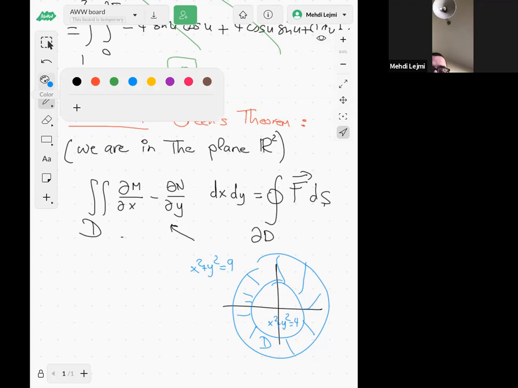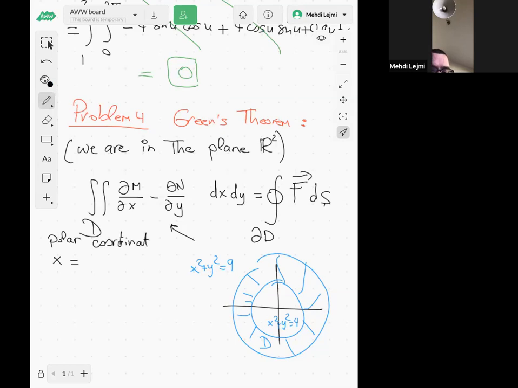So use polar coordinates, obviously, because we have circles. If you use polar coordinates, of course, x would be r cosine of theta, and y is r sine of theta. Because it's the whole annulus, theta is between 0 and 2 pi.